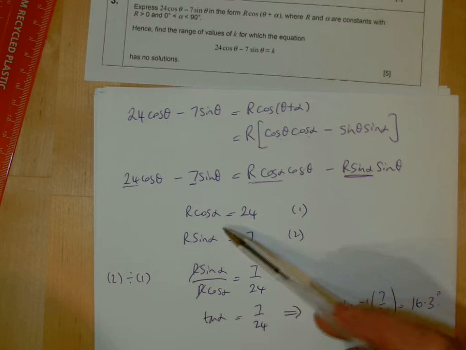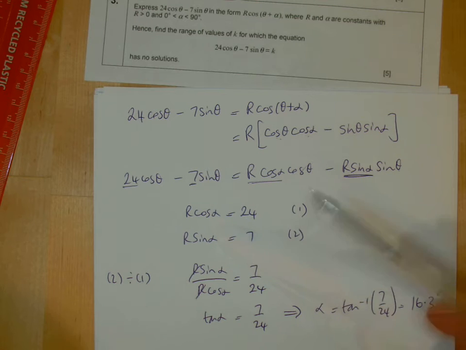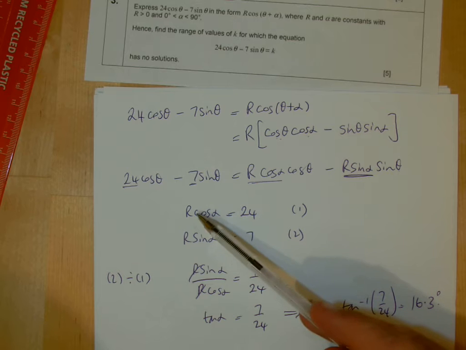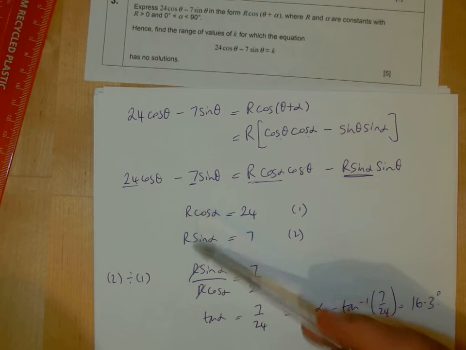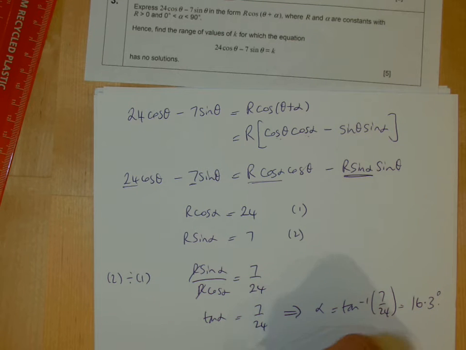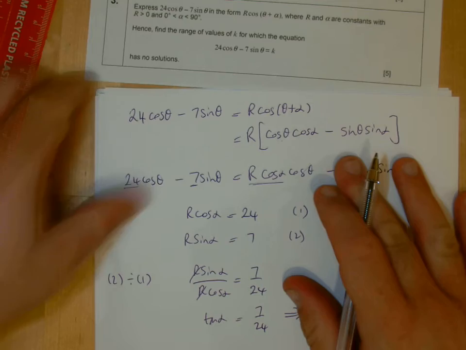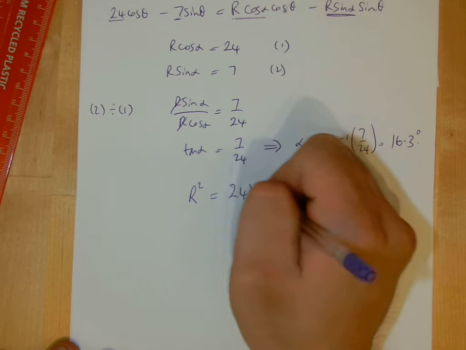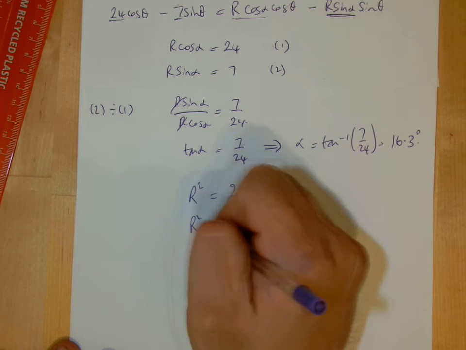To get r, we could sub alpha in, but it doesn't always help us, we don't get it exact. So to get r, we can use Pythagoras, so square these two and add them. And of course, if you square these two and add them, you can factorize out the r squared, with sine squared and cos squared inside, which will become 1. So effectively you just get r squared equal to 24 squared plus 7 squared, as we've seen from the previous video.